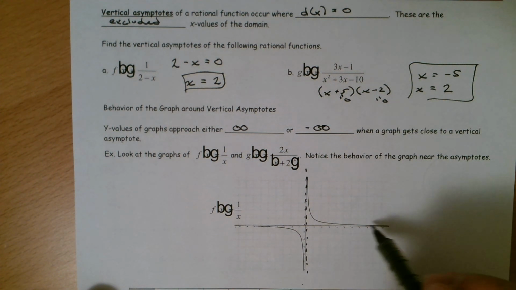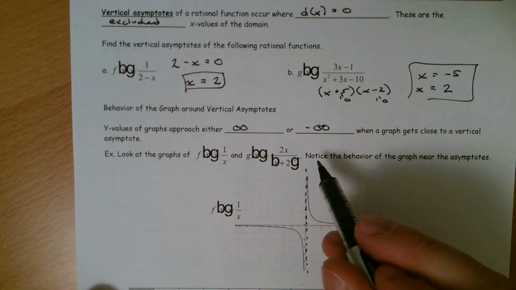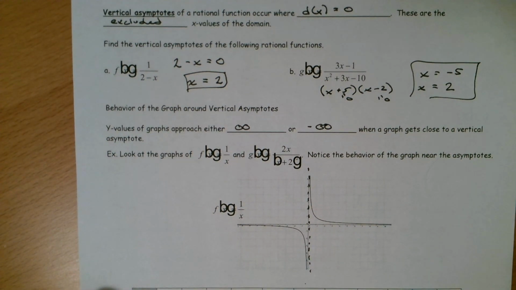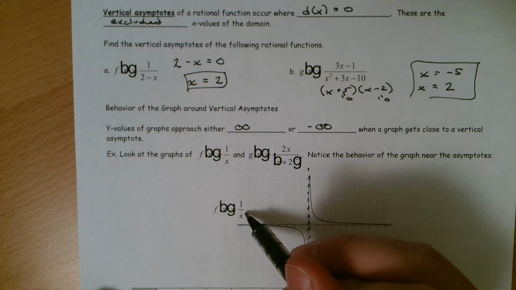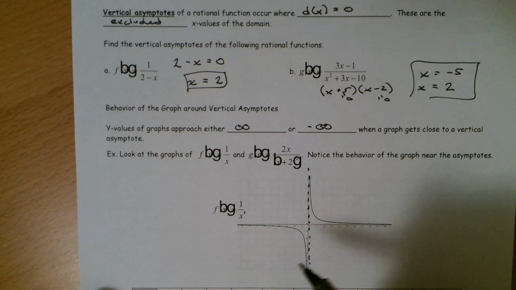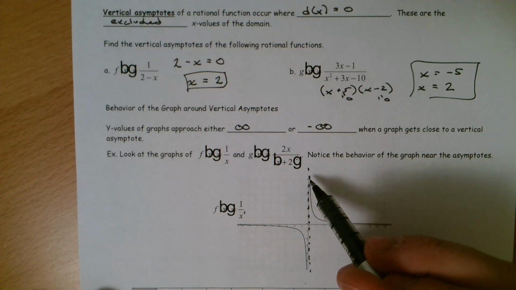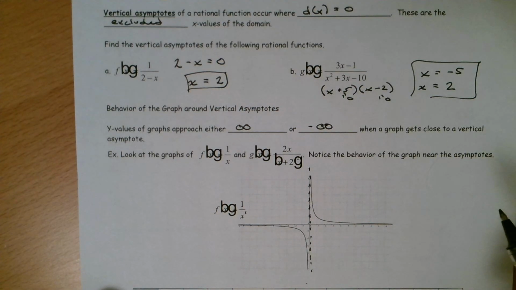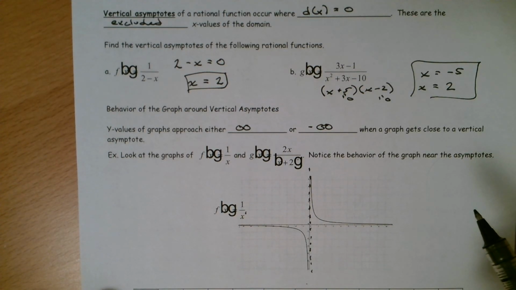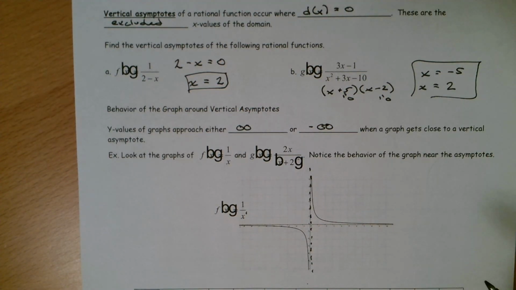On the right side of it, our graph is approaching positive infinity. Also notice that the power of the exponent here is 1. Notice that they are going opposite directions around the vertical asymptote. Almost as if they're quote-unquote crossing the x-axis, but they're not. You can never cross a vertical asymptote, but I just wanted to make a special note of that.